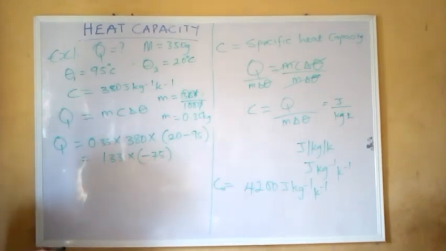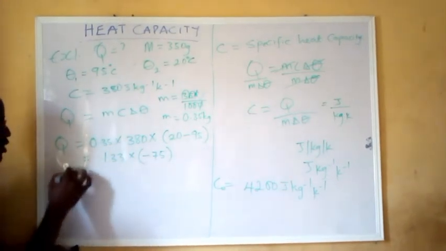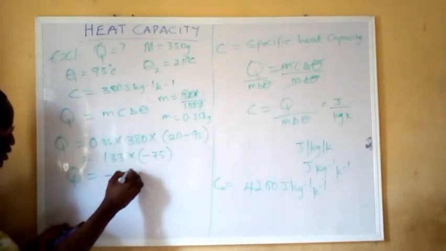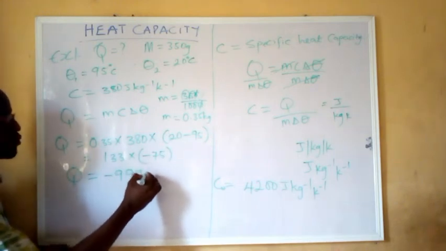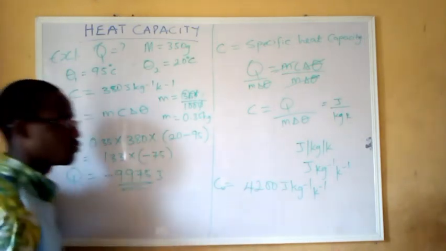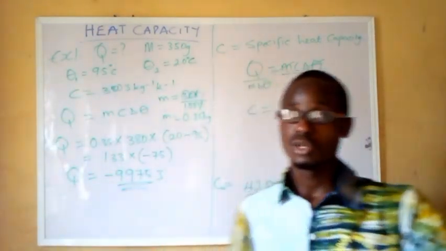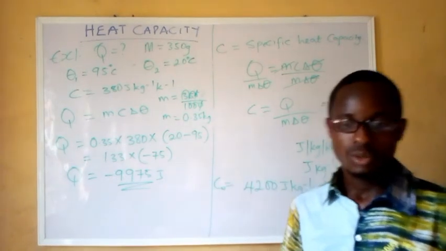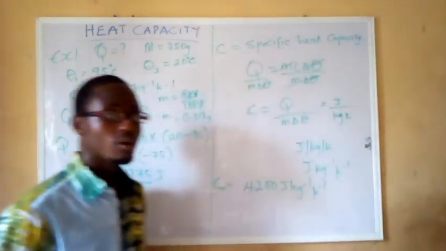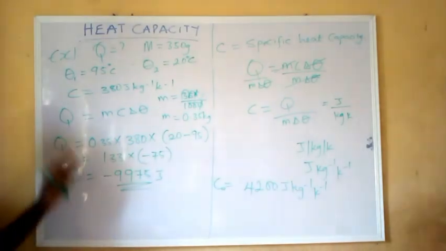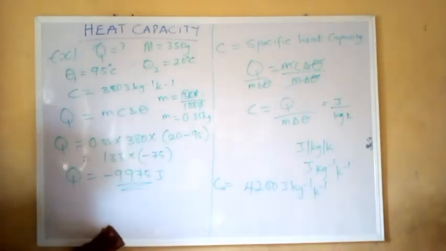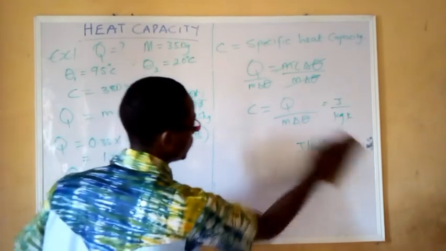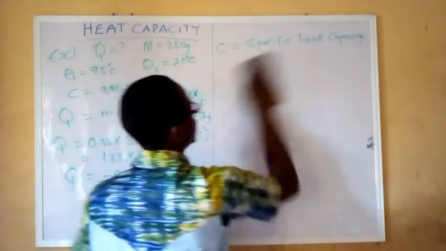So 133 times 75 gives the quantity of heat equals minus 9,975 joules. This is the quantity of heat that is being extracted from such body. That is a typical example of how a question is solved, a straightforward question. So let us go straight to how to determine the specific heat capacity of the body.